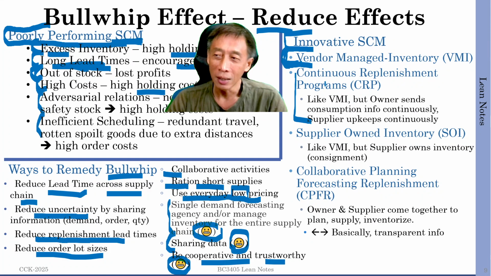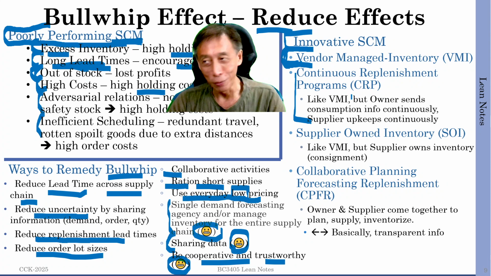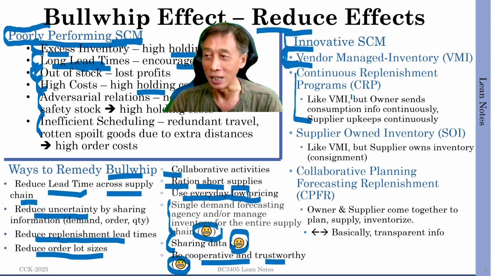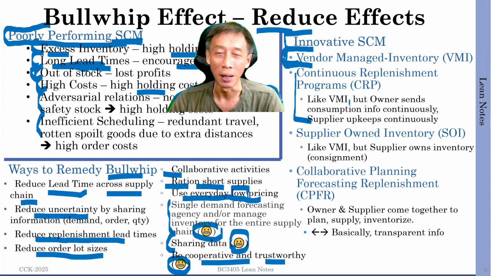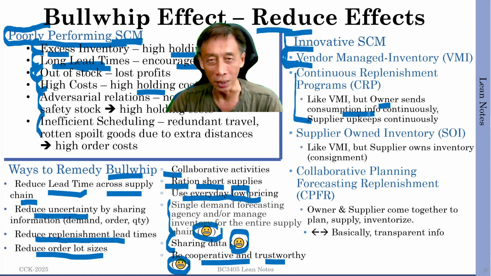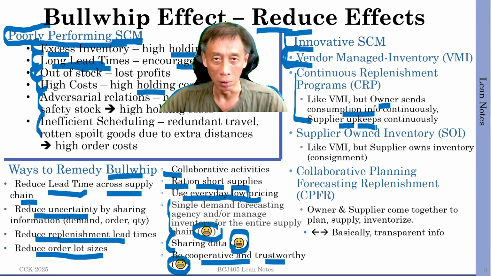And other textbook variations with brand names like continuous replenishment programs, if you read through everything, the action is basically like VMI. The only thing is, the owner sends consumption info continuously. There can be some sort of electronic networking connections, database connections, and the supplier just performs fulfillment.